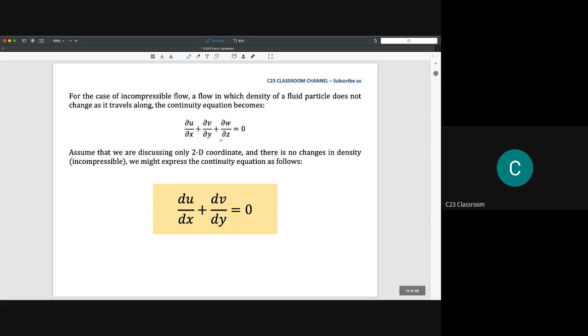And then again, if your problem is two-dimensional, meaning there is no z here, we could say that dw over dz, the change of velocity in the z-axis along the z-axis, remains constant, so it becomes 0, meaning no changes at all. And then it can be simplified as this one.